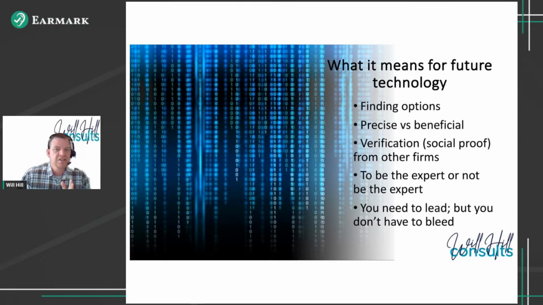I will also say this on the future technology end. Sometimes we think that this means we have to be an expert in certain types of technology, right? So when we say what we're trying to do is going to require AI. Okay, great. Does that mean you have to be an expert in AI?